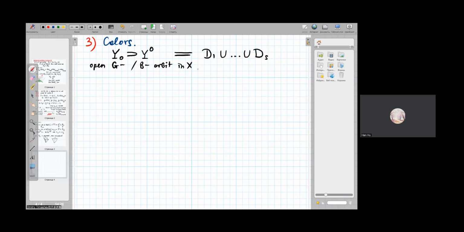So these D1, ..., Ds are B-stable prime divisors. They are B-stable because they are in the complement of the open B orbit. B-stable prime divisors.